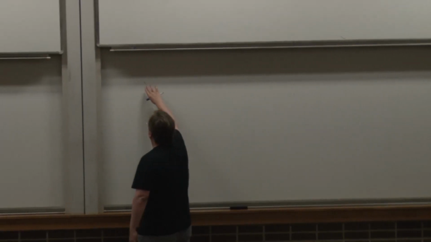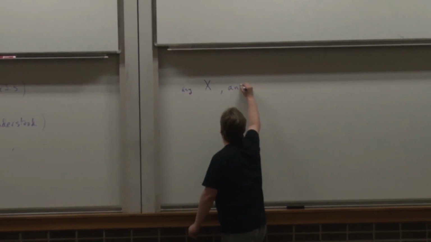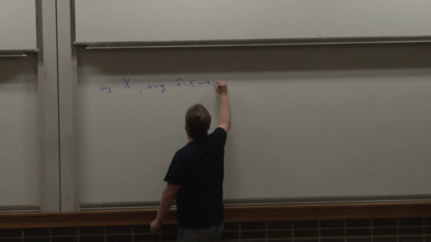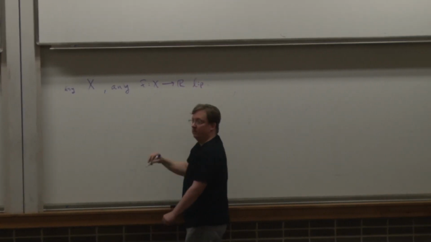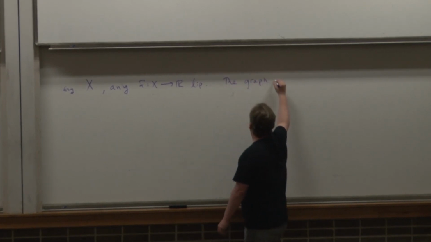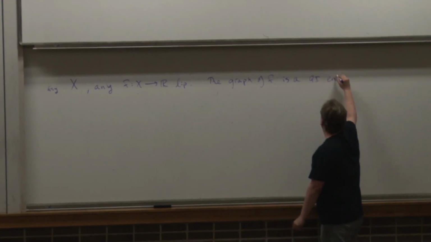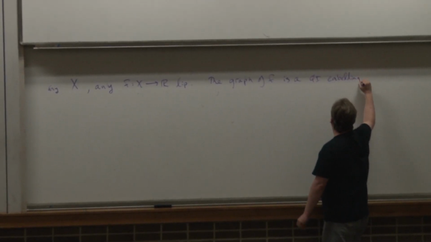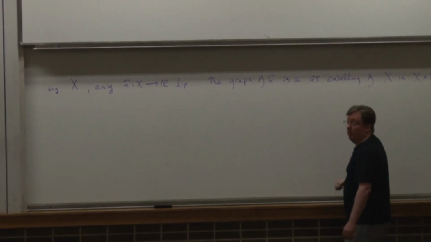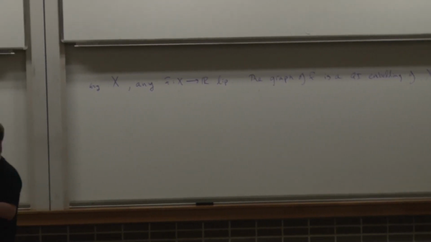So in particular, we can take any X and a Lipschitz function, and then the graph gives us a QI embedding of X into X cross R. So if we have an extra R direction to play with, it's fairly easy to do QI embeddings.